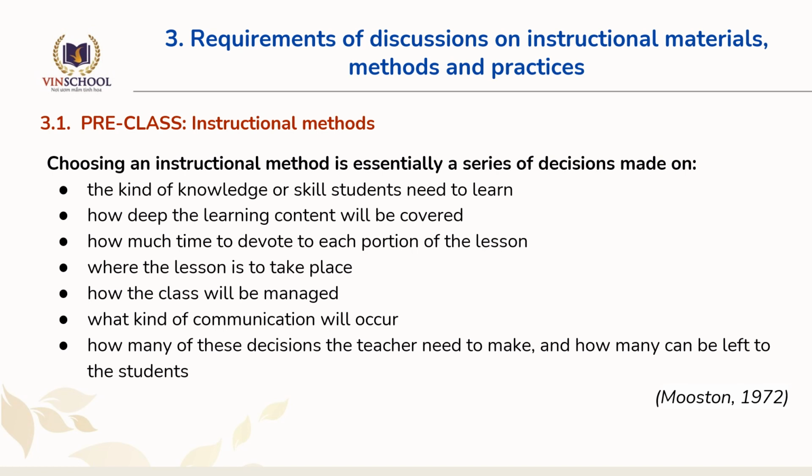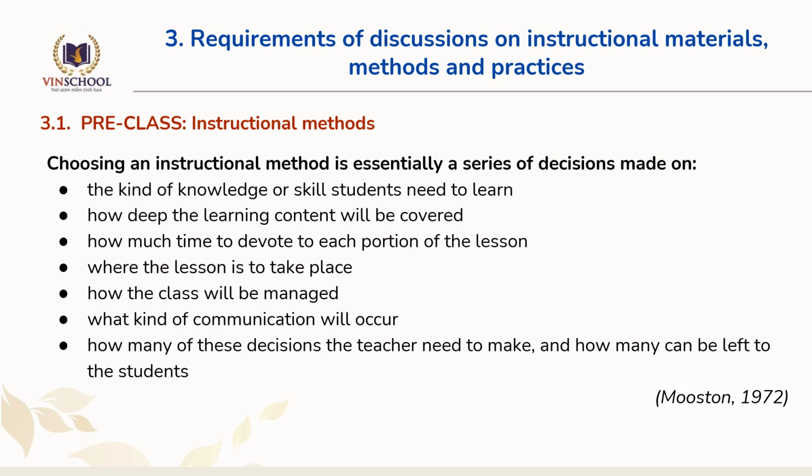What kind of communication will occur? And most importantly, how many of these decisions does the teacher need to make, and how many can be left to the students? Mosston's model breaks teaching down into its constituent components, and he was chiefly concerned with carefully considering and optimizing each of these components, as well as determining how much agency and empowerment can be given to the students.